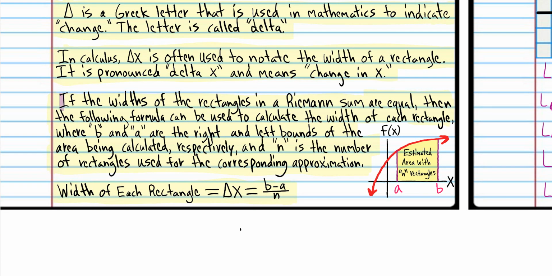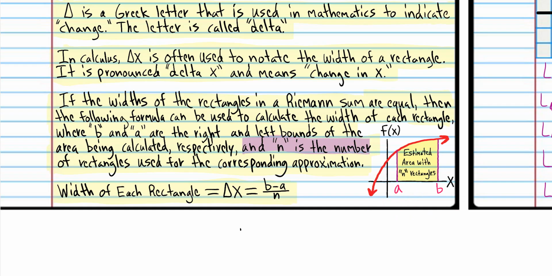Now, if the widths of rectangles in a Riemann sum are equal, they actually don't have to be equal. But all the problems that we're going to do today, they're equal. If the widths of the rectangles in the Riemann sum are equal, then the following formula can be used to calculate the width of each rectangle, where B and A are the right and left bounds of the area being calculated, as you see down here.